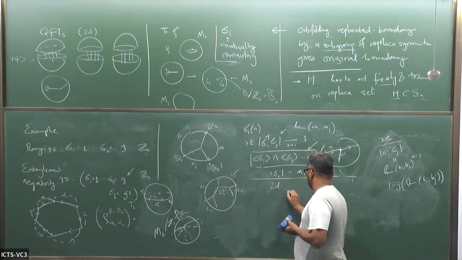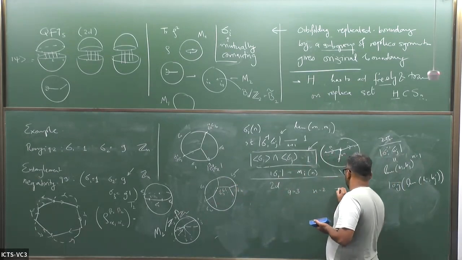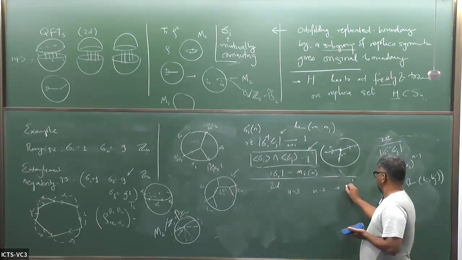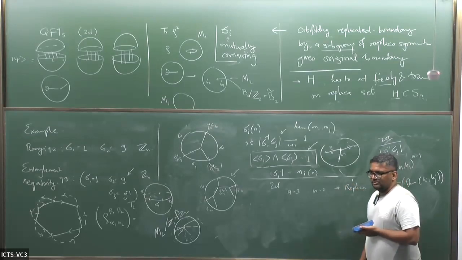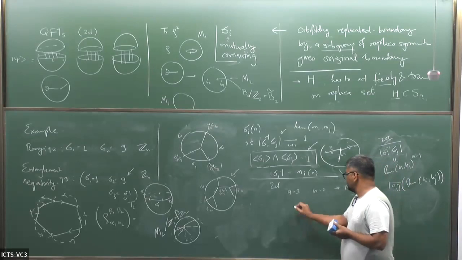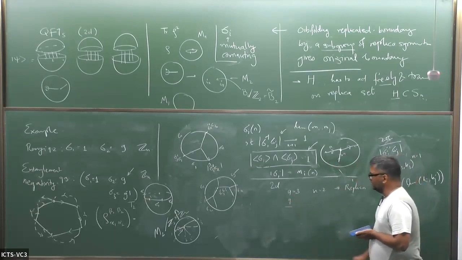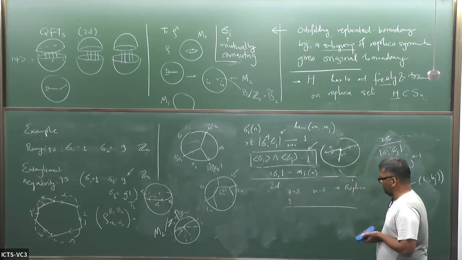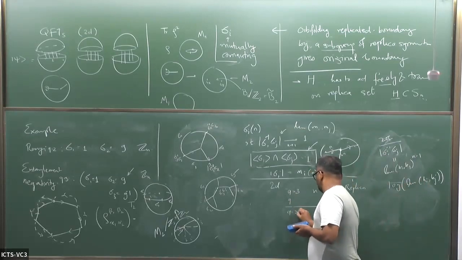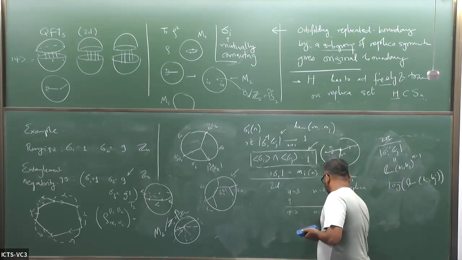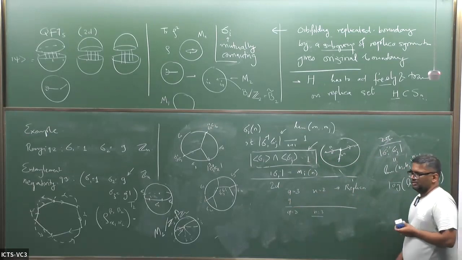In 2D, for q equal to 3, n equal to 2, replica symmetry is preserved in the bulk. I think this proof can be generalized to any value of q, which I'm working on now. But for q equal to 3, n equal to 3, the replica symmetry is broken in 2 dimensions.